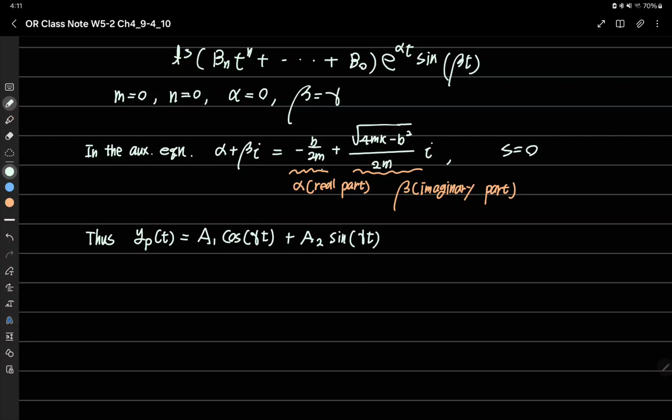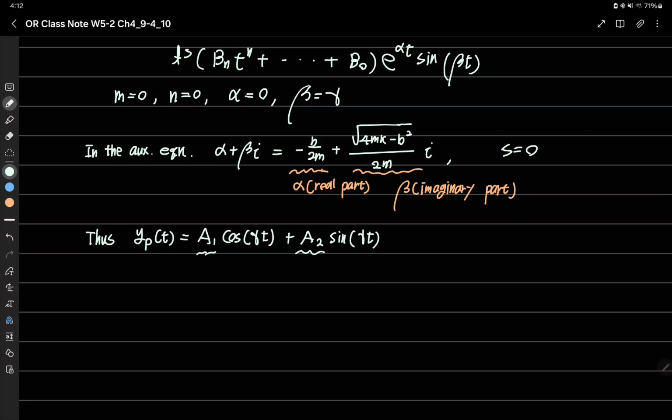So y sub p prime, then what are we going to do? These are undetermined coefficients, so we substitute y sub p into the differential equation by finding the first and second derivatives of y sub p. We put them into the differential equation to figure out A1 and A2.